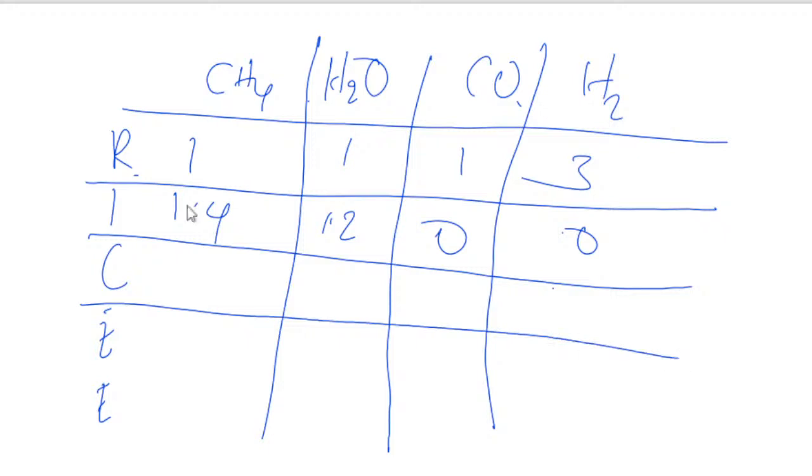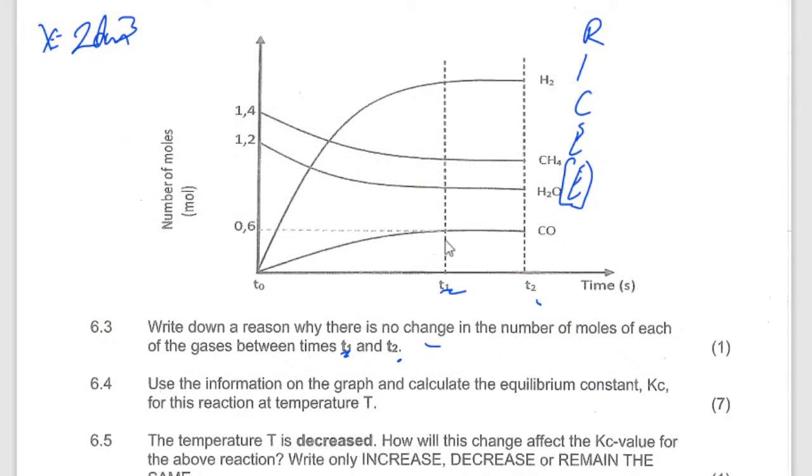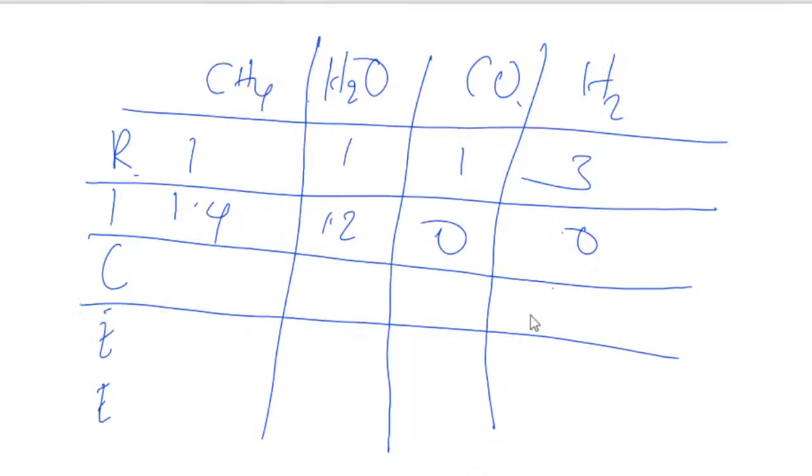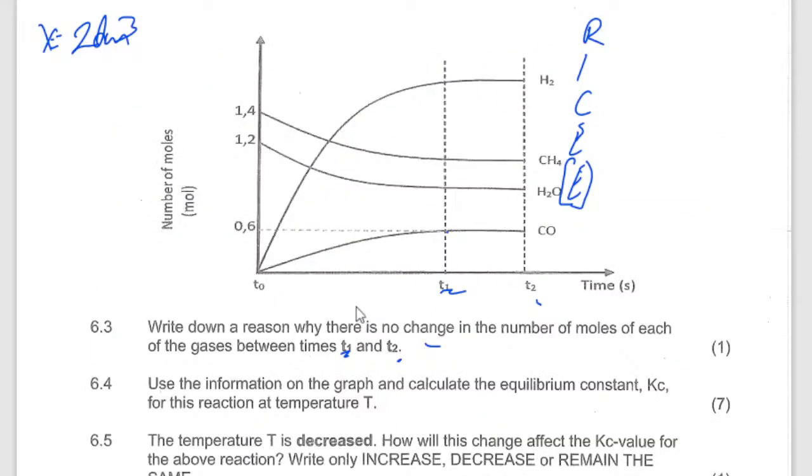At equilibrium, what is being produced? In this case, carbon monoxide is 0.6. Let me check. Yes, 0.6.